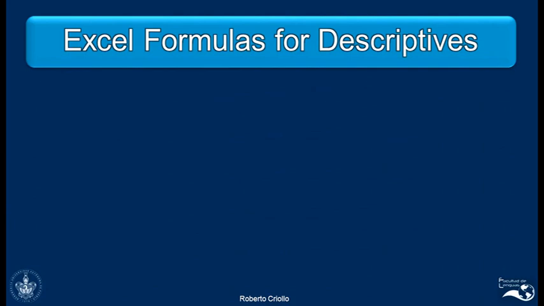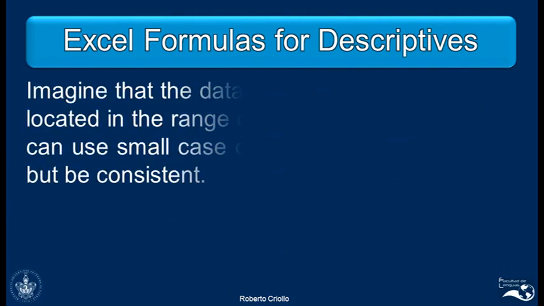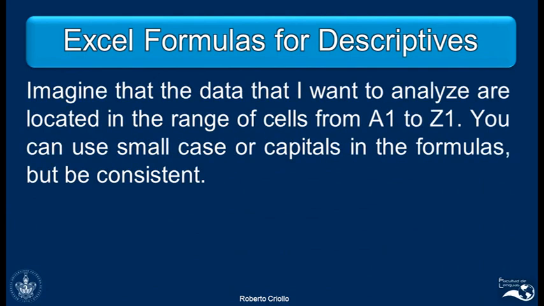I would like to start by showing you the formulas for calculating the descriptive statistics in Excel. First of all, I want you to imagine that the data that I want to analyze is located in the range of cells from A1 to Z1. That means that when I use my formulas, I will use this range of cells.